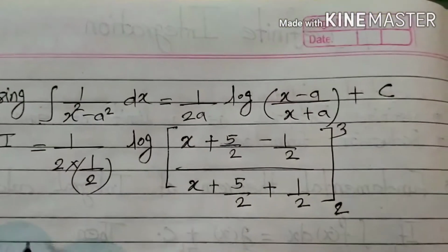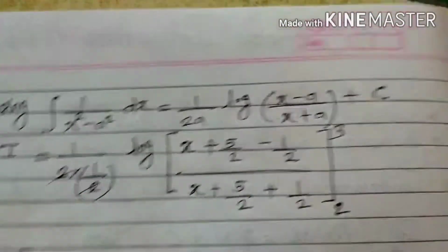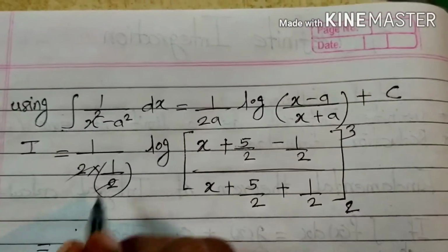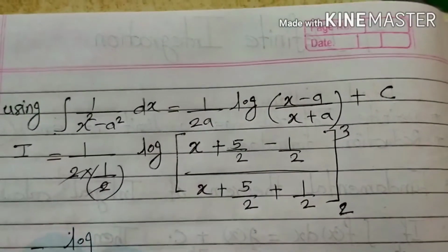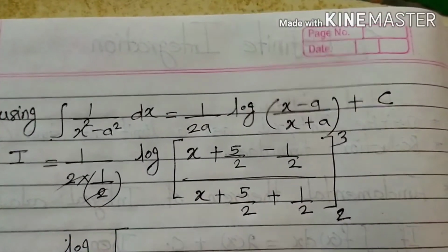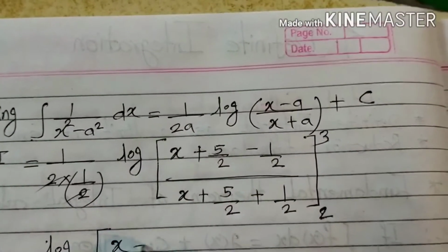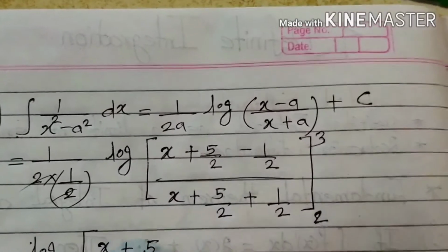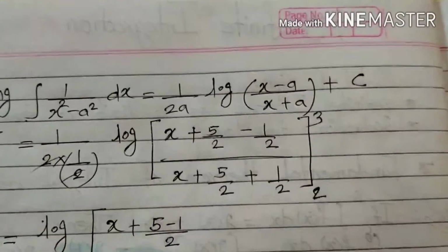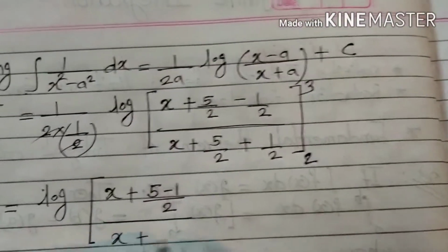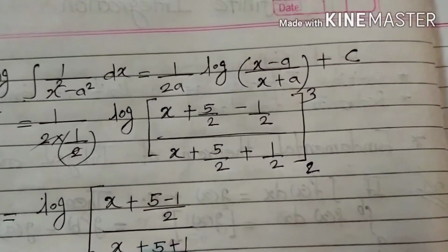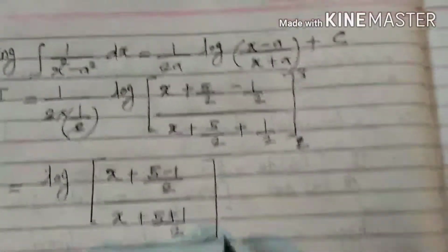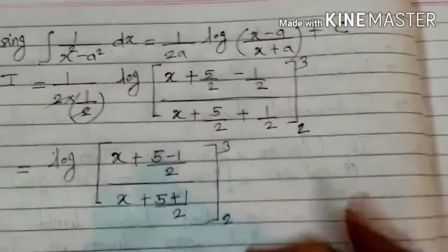Okay, now calculate this. The 2 gets cancelled, so here remaining 1 into log, log as it is. Now you can observe the denominator is same, so it is x plus 5 minus 1 upon 2 upon x plus 5 plus 1 upon 2, and it is from 2 to 3.